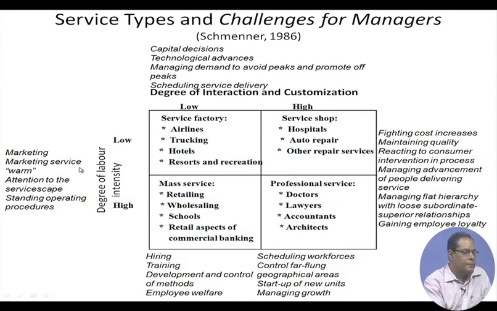For marketing of services, attention to the servicescape and standard operating procedures become important for the labor intensity part of services. On the low side, there are capital decisions, technological advances, managing demand to avoid peaks and promote off-peaks, and scheduling the service delivery.